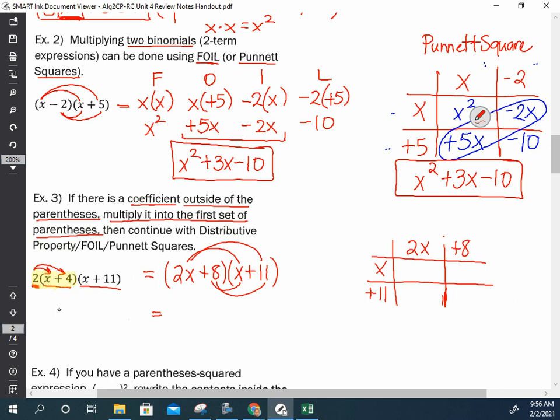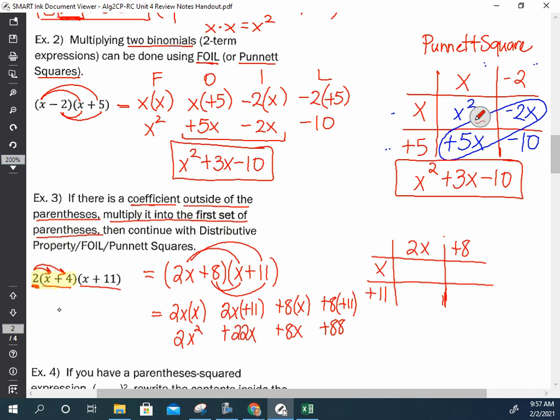So in the case of FOIL, 2x times x is 2x squared. 2x times 11, 22x. 8 times x, 8x. 8 times 11, 88.